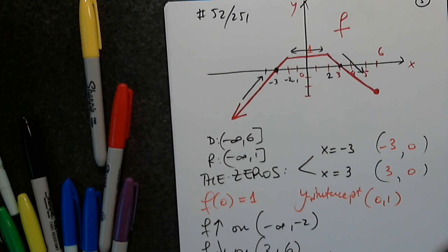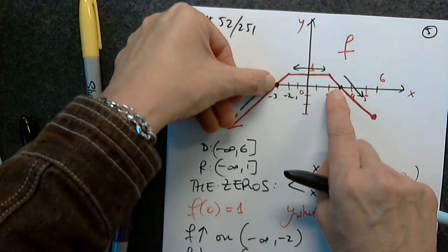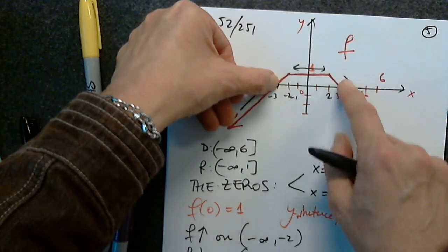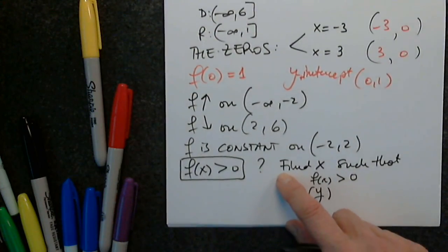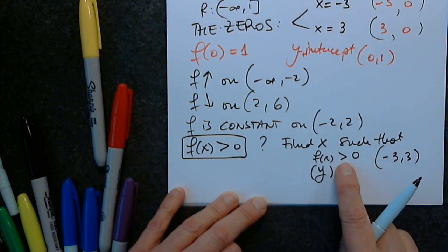This function is strictly positive, meaning strictly above the x-axis, between x equals this and this. Do we all see it? So for x values between -3 and 3, the function values are above. So for x between these two, f of x is greater than 0. Since we know that at -3 and 3, the y value is 0, how do we connect it? It doesn't include the 2 points.